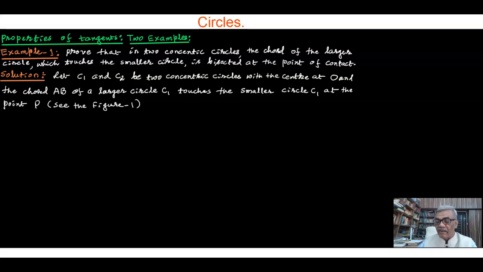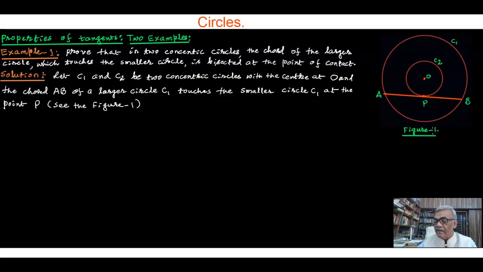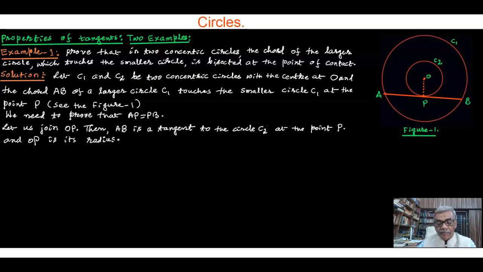See the figure here. Here are two circles C1 and C2 with the same center, and the chord AB touches the smaller circle at the point P. I mean, AB is a tangent to the circle C2. Now we need to prove that AP equals PB.